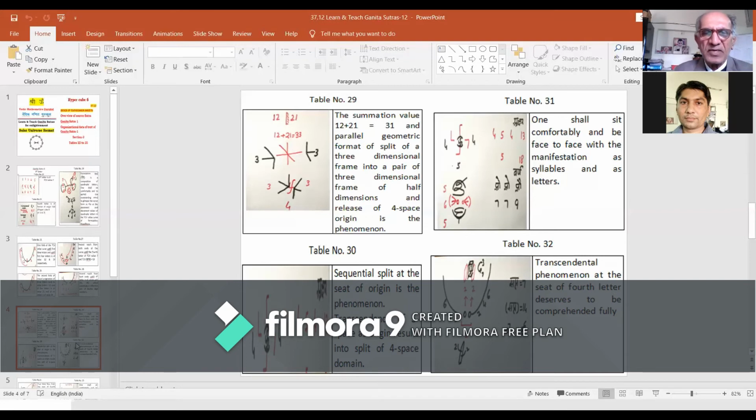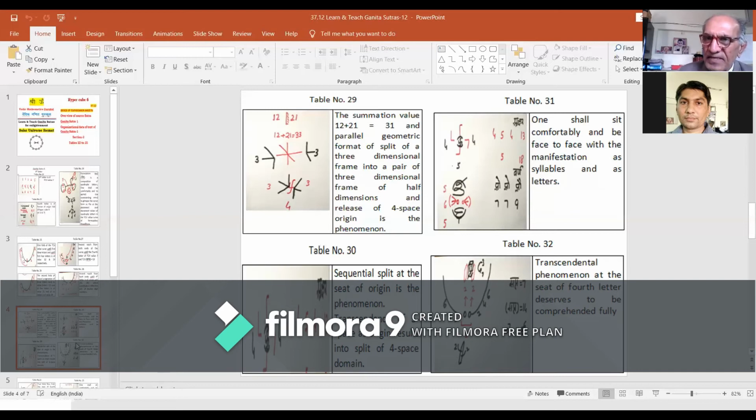Therefore, the sadhakas shall sit comfortably and permit the transcending mind to be parallel with this dimensional split phenomenon and its chase by the Vedic systems. Table 30 takes us a step ahead, as the seat of the cube is a creator origin seat.